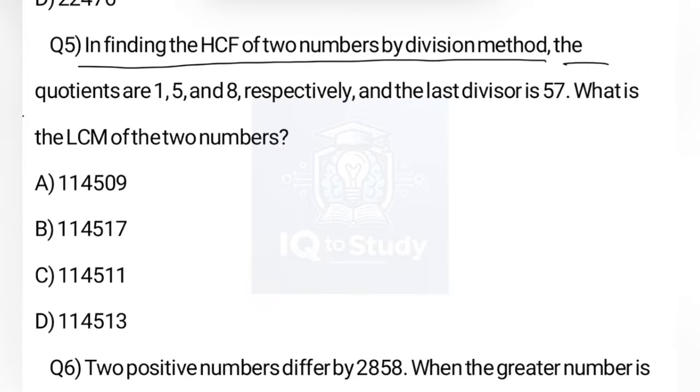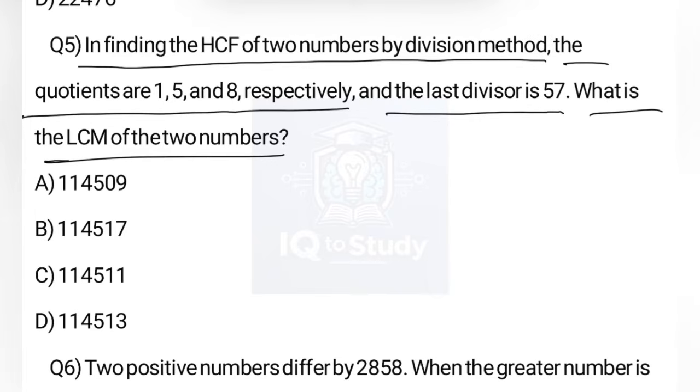In finding the HCF of two numbers by division method, the quotients are 1, 5, 8 respectively and last divisor is 57. What is the LCM of two numbers? Given last divisor is 57, it means remainder is equal to 0.